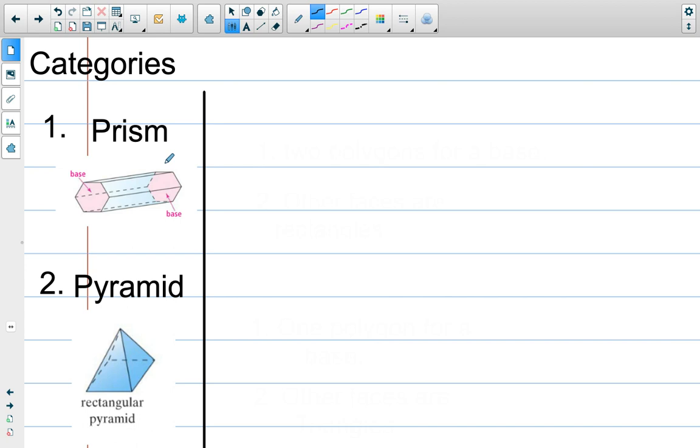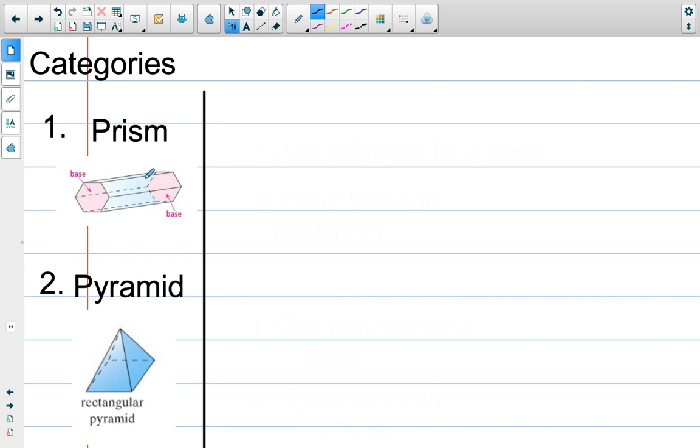Okay, we have 2 main categories of shapes that we're going to be dealing with today: prisms and pyramids. Prisms are made up of bases that can be pretty much any shape. In this case, our base is a hexagon. And then sides or side faces that are all rectangles.